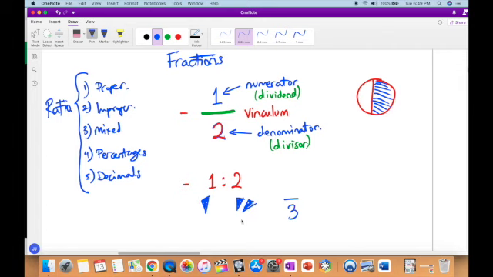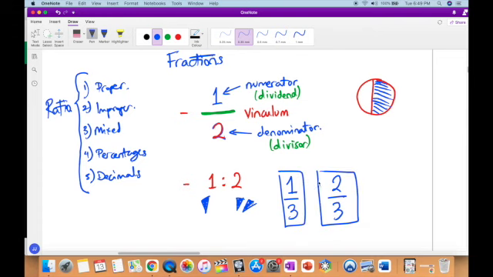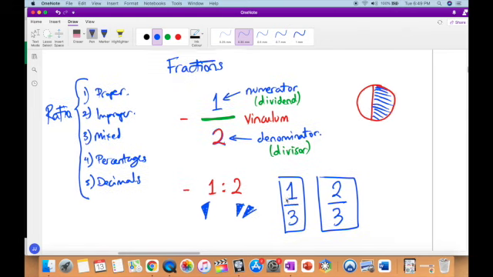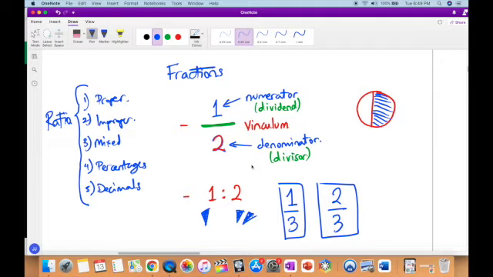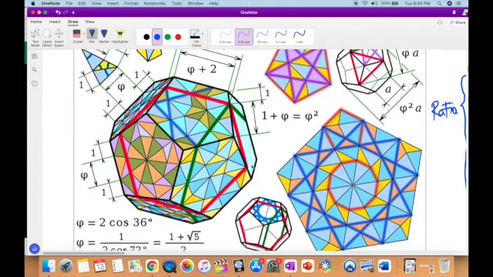And out of all of the slices, I have 1 and Caitlin has 2 out of the 3 slices. So you could see here that this ratio actually represents 2 different fractions. And this is one of those things that has confused us. I hope that you guys wrote this, but we are going to have some more writing to do.